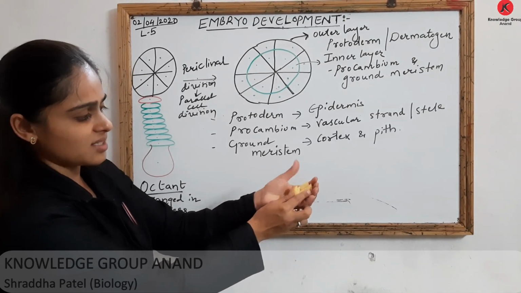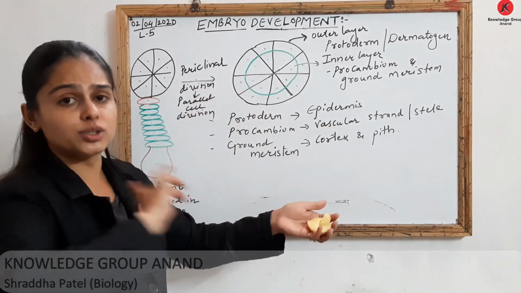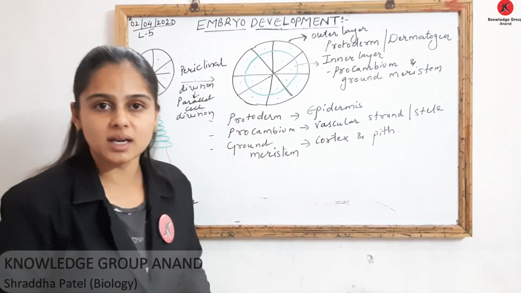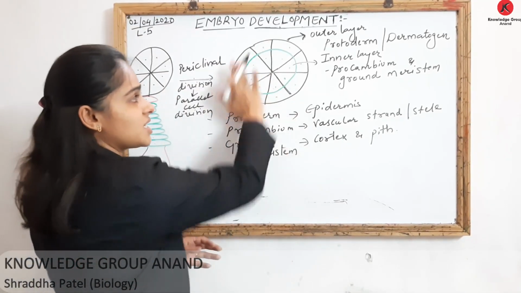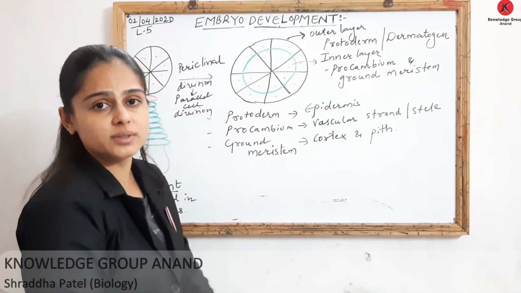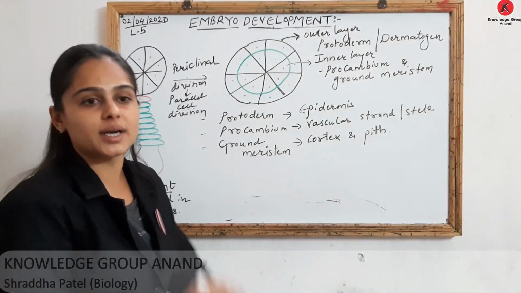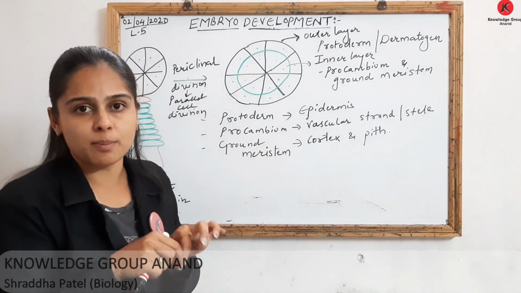All together ये कितने cells है बेटा जी? 8 cells are formed. Outer layer and your inner layer. Am I clear? So this is how your 16 cell structure is formed. Upper octant and your lower octant. Outer layer बना and inner layer बना यहाँ पे.